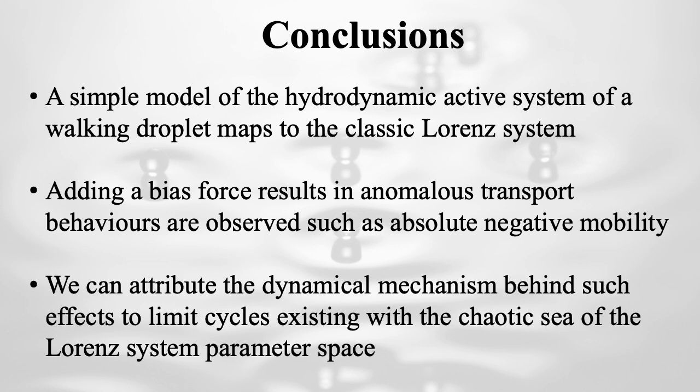And the neat thing is that in this system, we can track down the dynamical mechanism that gives rise to these anomalous transport behaviors. In this case, we found that the asymmetric limit cycles that correspond to a net drift of the particle, these limit cycles existing within the chaotic sea, are responsible for these anomalous transport behaviors.